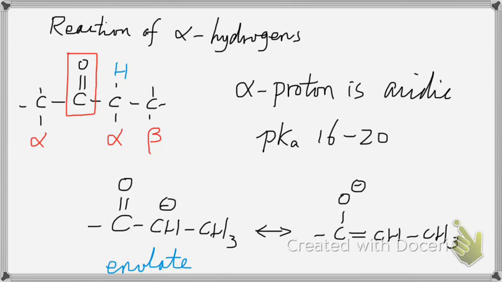The ion is actually called the enolate ion. So when the alpha proton is removed, it gives the enolate ion, and the enolate ion is resonance stabilized. That is why the alpha proton is acidic. It's more acidic than other hydrogens on a carbon.